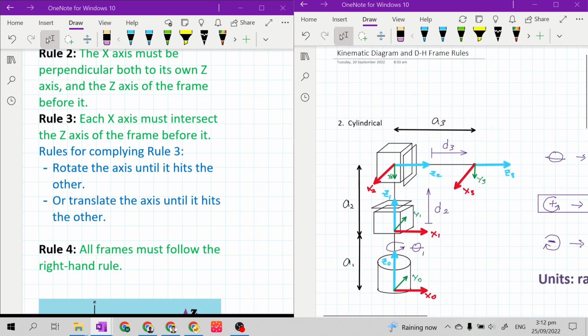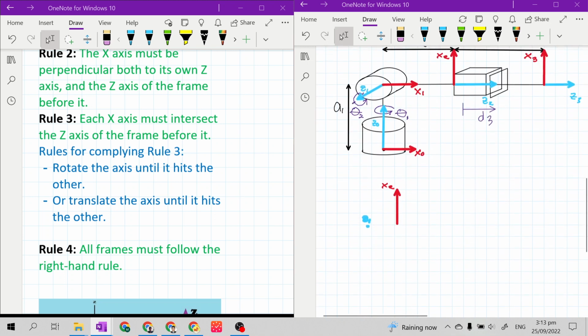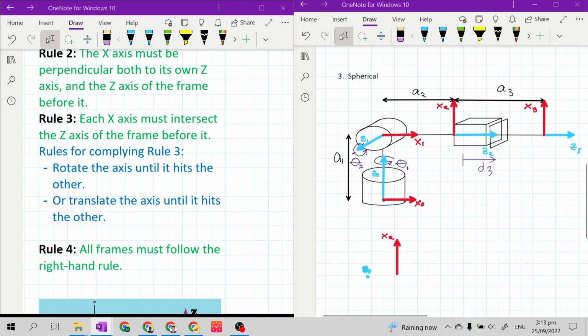In this first example, the x-axis and the z-axis are intersecting whatever view you are looking at. But in this one, at the front view, z sub 1 is just a point, while x sub 2 is an arrow pointing upward.